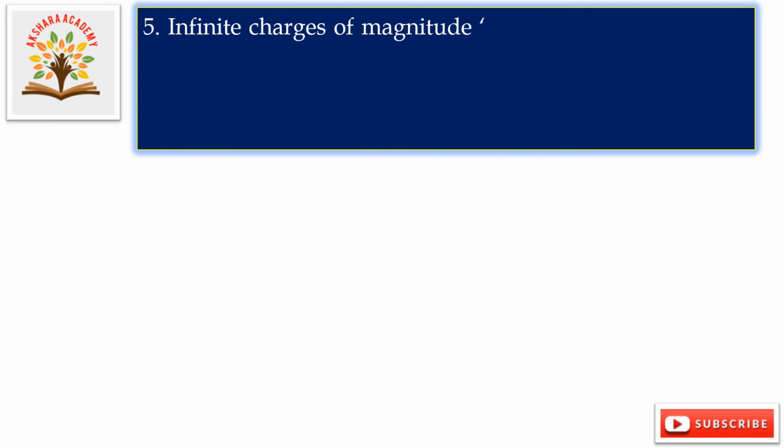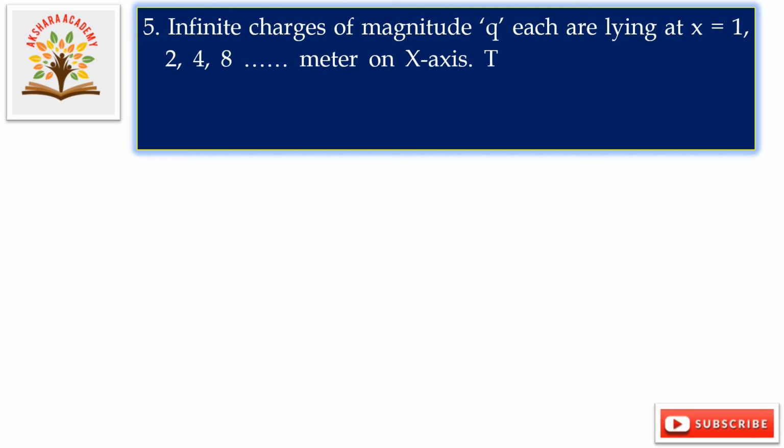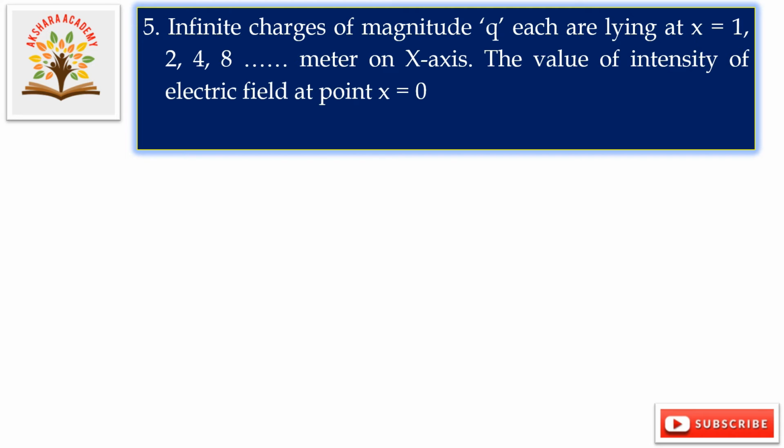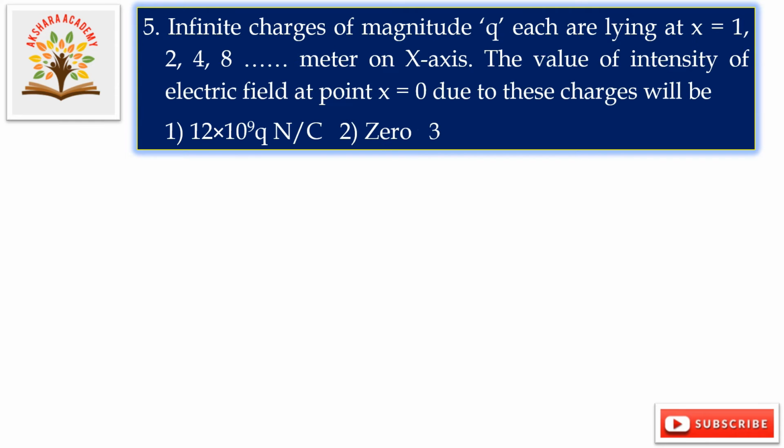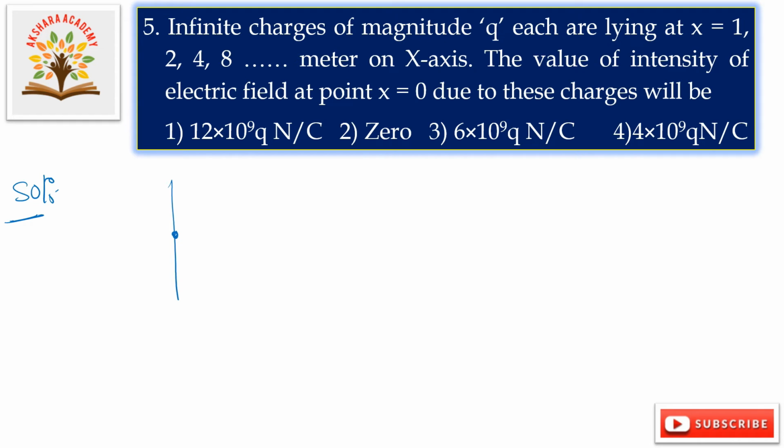Infinite charges of magnitude q each are lying at x equal to 1, 2, 4, 8 meter on the x-axis. The value of intensity of electric field at a point x equal to 0 due to these charges will be. Now let us go to the solution. Here infinite charges of magnitude q each are lying at x equal to 1, 2, 4 and 8. Suppose these are infinite charges.